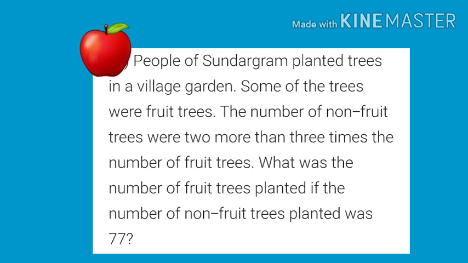People of Sundargram planted trees in a village garden. Some of the trees were fruit trees. The number of non-fruit trees were 2 more than 3 times the number of fruit trees.